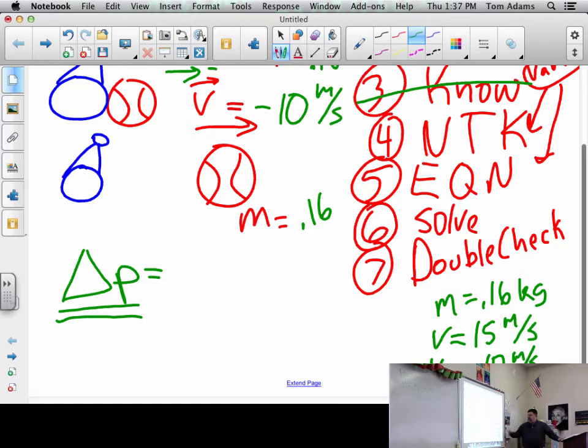So I have a mass, an initial velocity, and a final velocity. And it asks, what is the change in momentum of the baseball? Because that's really our answer to part A. So now we've listed what we know, and we've listed what we need to know. What's the next step?